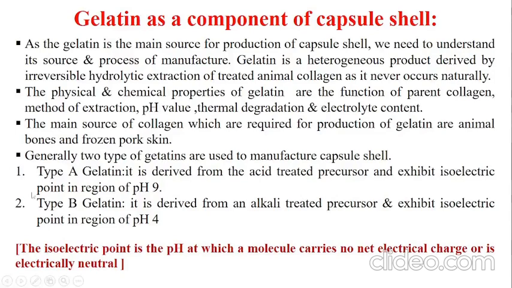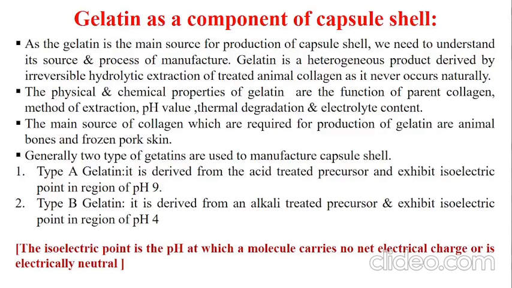As we know, gelatin is one of the major sources we use for preparation of the capsule shell, and we derive it from the hydrolytic extraction of treated animal collagen by acidification as well as by basification.